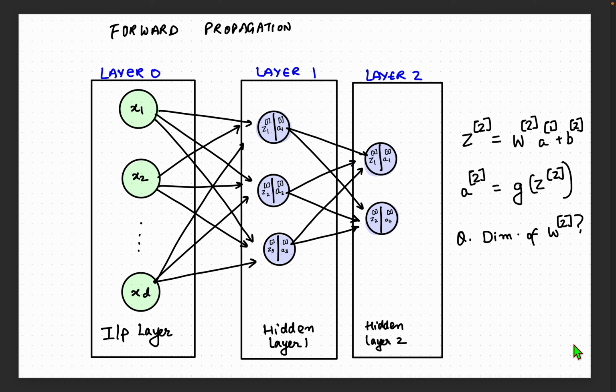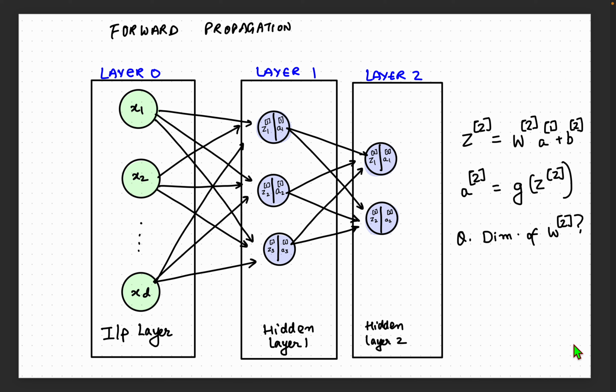Okay. So now coming to layer 2, we have the same operation, and currently it is written in the vectorized format again. What do you think is the dimension of W superscript square bracket 2? 1 cross 2, 2 cross 1.